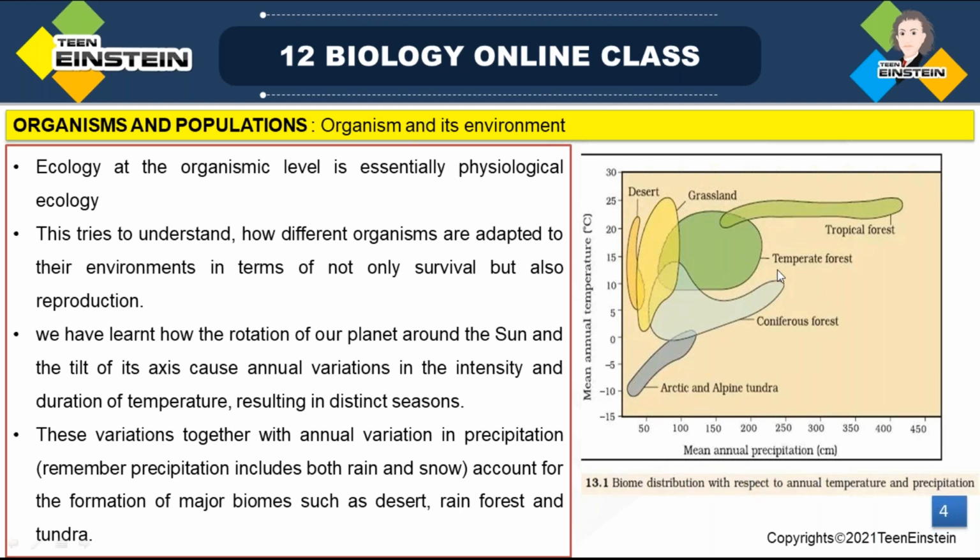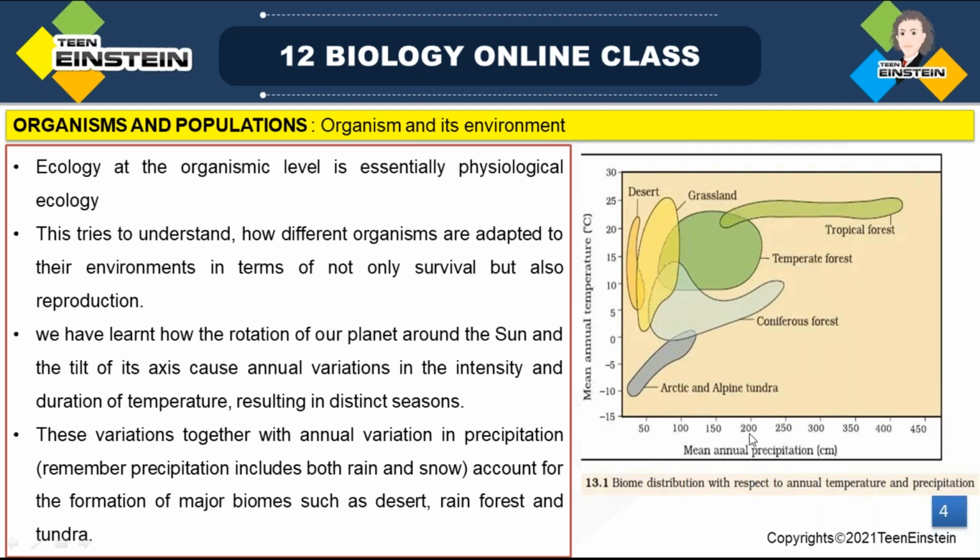Then temperate forest, temperature is around 10 to 22 degrees centigrade, and annual precipitation is 60 to 220 centimeters. Then coniferous forest: temperature is -1 degree centigrade to 13 degrees centigrade, and the annual precipitation is 50 to 250 centimeters. See, the maximum range is up to here they have marked, right? 50 to 250.